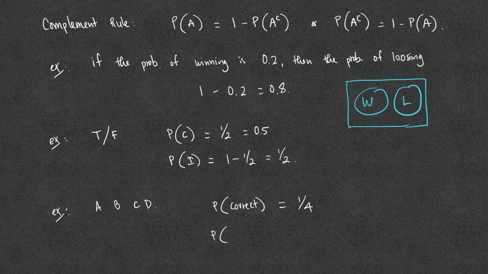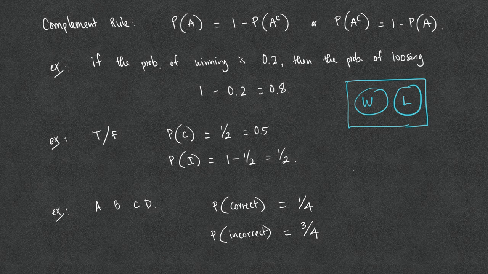The probability of getting an incorrect choice is therefore 3 out of 4, because whether you guessed correctly or incorrectly, we can get 3/4 from taking 1 minus 1/4. 1 minus 1/4 is 3/4.